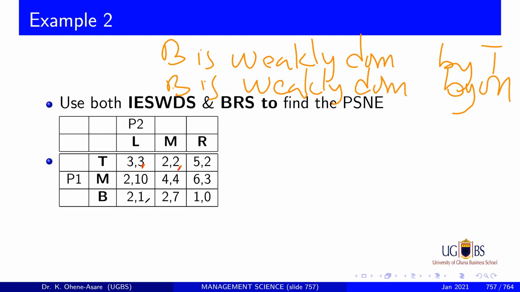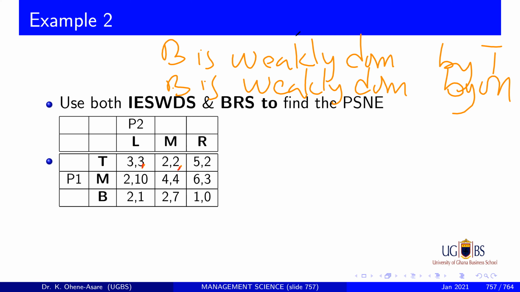So what kind of domination is this between L and R? Anybody? Yes, Morrison. R is strictly dominated by L.